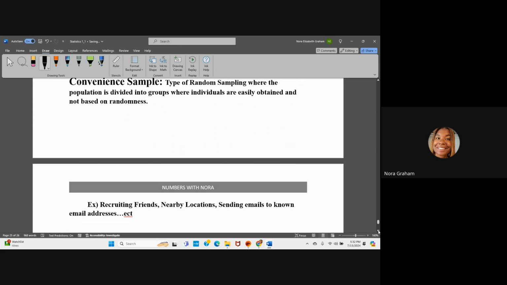It makes it more convenient for the researcher to do their research, okay? Or sending emails to known addresses. So this is considered a convenient sample. That's why it's called convenient sample: it's more convenient for the researcher to pick out the sample they want to conduct research on for the population, right?